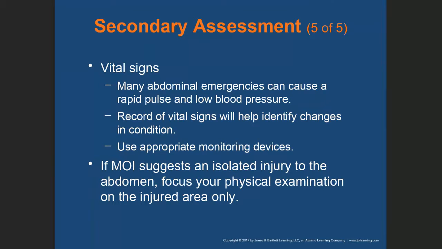The first one must be obtained before you leave the scene. So before you leave that location, you should have your first set of vital signs. If MOI suggests an isolated injury to the abdomen, focus your physical examination on the injured area only.